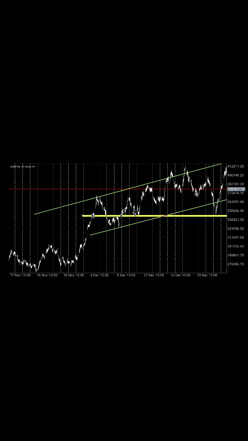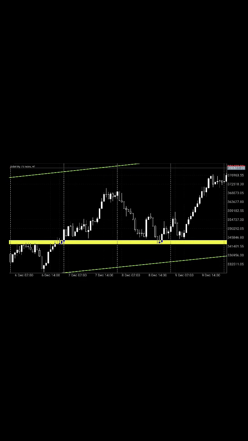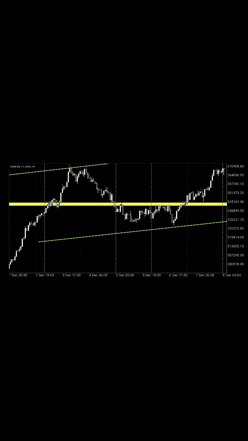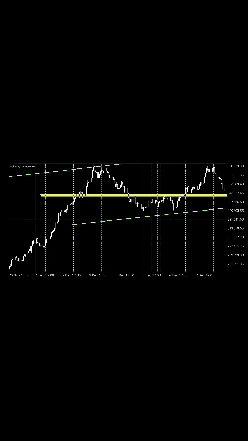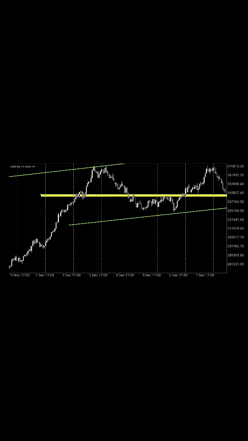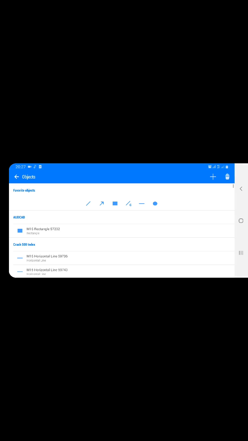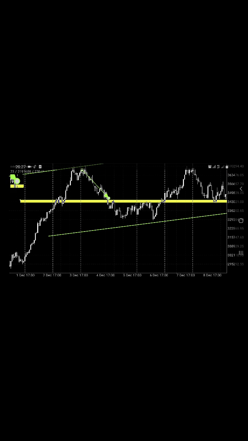So now after drawing your channel, you are now looking at your patterns. Remember, V75 still follows the rules of trade. The rule of trade number 1 for V75 is it moves in a straight line.